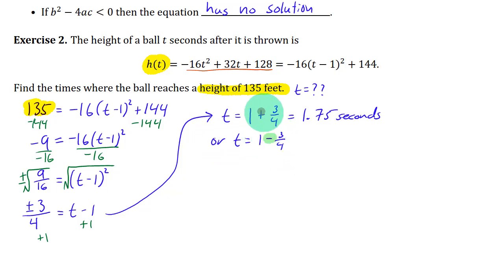So we have the plus or minus there. And 1 minus 3/4 is 0.25 seconds. So yeah, there are two different times, 0.25 seconds and 1.75 seconds, where the ball is at that height of 135 feet.